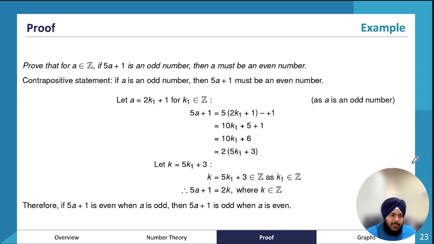We're not going to go through them in a lot more detail, but here is an example that we prove by contrapositive. Prove that for A being an integer, if 5A plus 1 is an odd number, then A must be an even number.